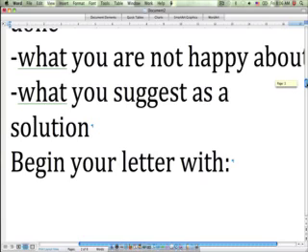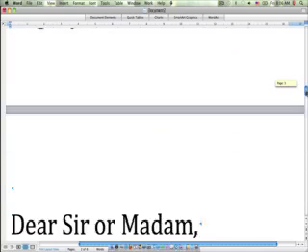What we suggest as a solution: we suggest that they send a team to fix the problem that has been caused, and we're expecting a partial refund at an amount that is at the discretion of the manager of the construction company. Okay, let's read the letter.